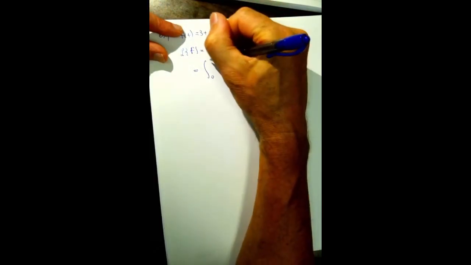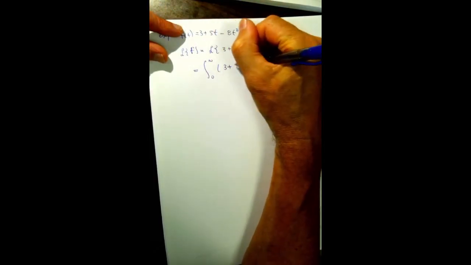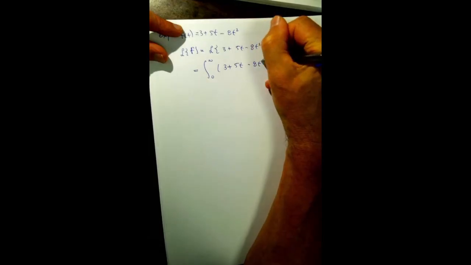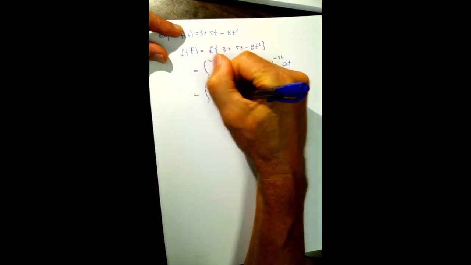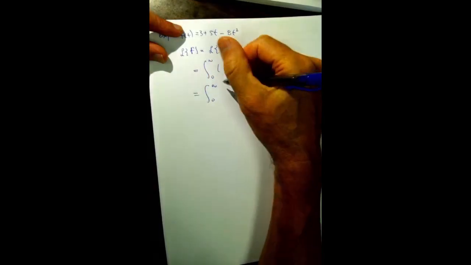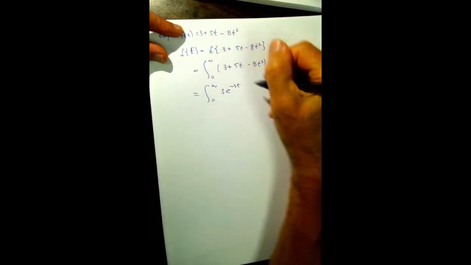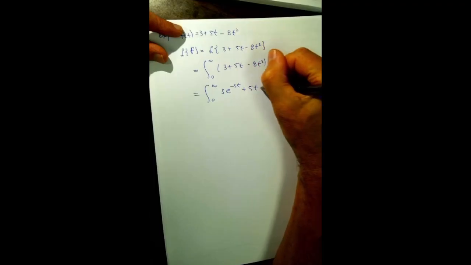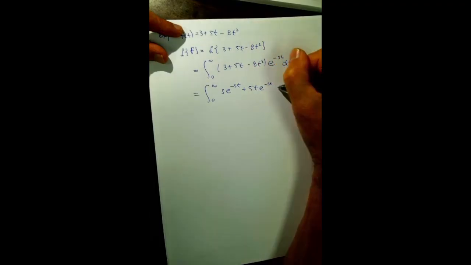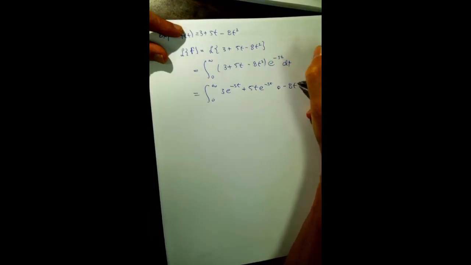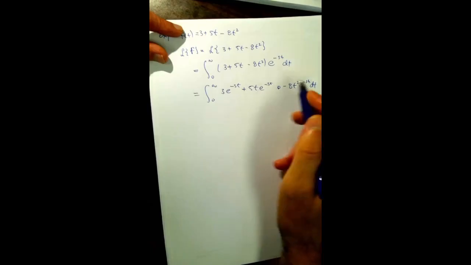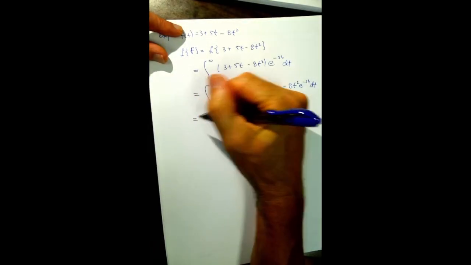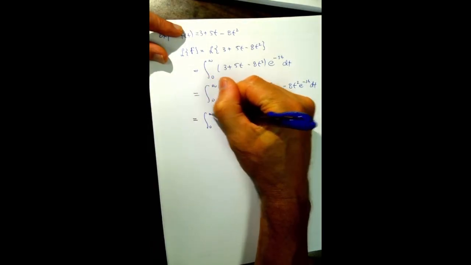Notice this is the integral from 0 to infinity of this function times e to the minus st dt. I can multiply that e to the minus st through for each term. I'm going to assume I can do all these integrals. If each of these integrals exists, then I can break them up into pieces.